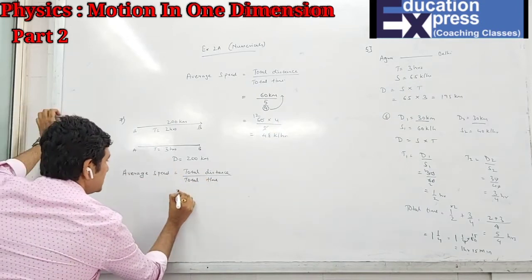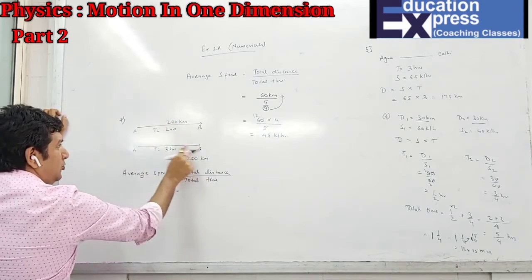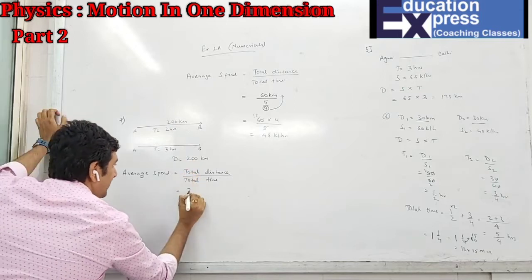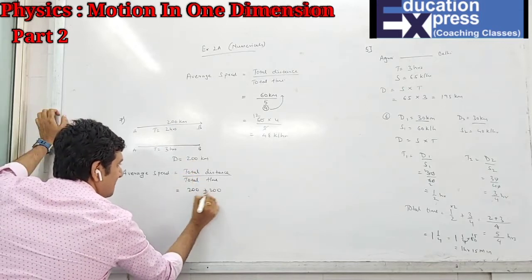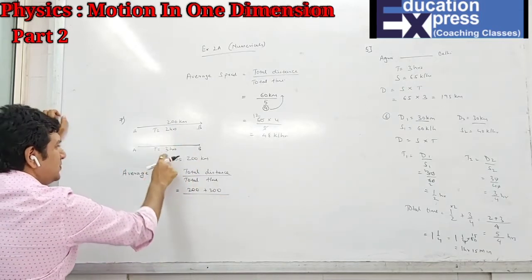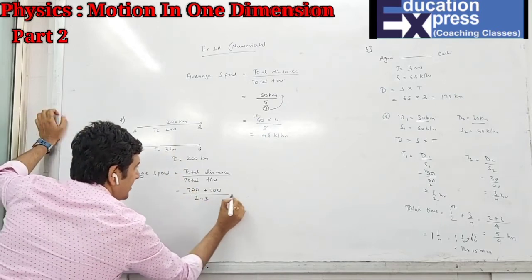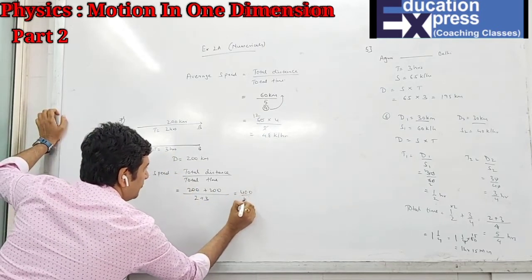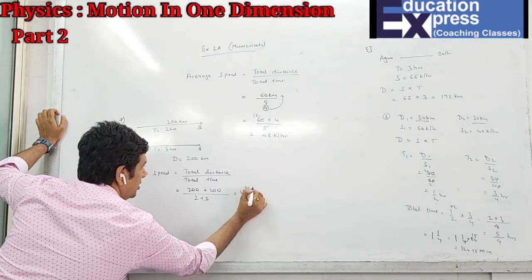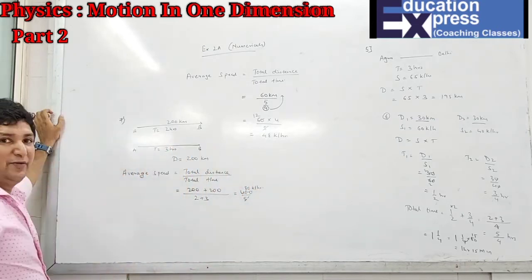What is total distance? 200 from A to B and B to A also 200. The 200 plus 200. And total time is 2 hours plus 3 hours. That is 400 upon 5. That is 80 kilometers per hour. This is my average speed.